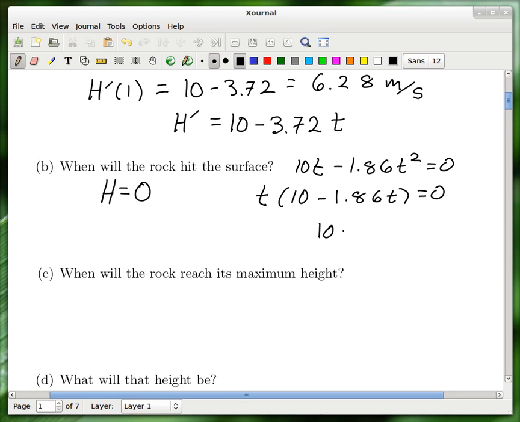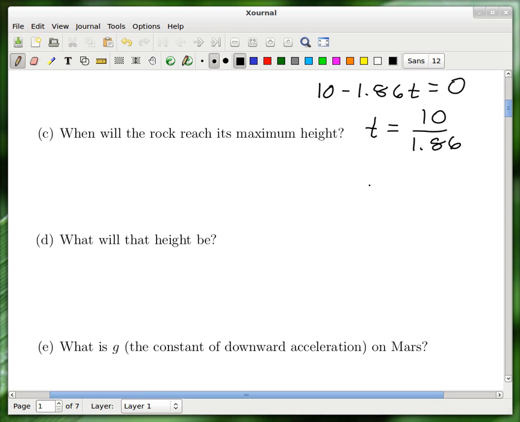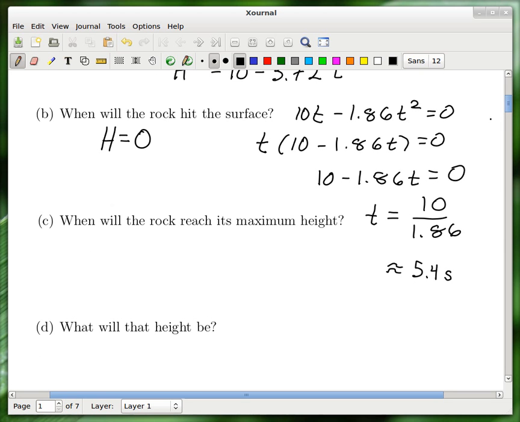Set up 10 minus 1.86t equal to 0, and then it's really easy to see that t has to be equal to 10 over 1.86. If you figure out what value that is, it's approximately 5.4. So the rock hits the ground 5.4 seconds after it's thrown.